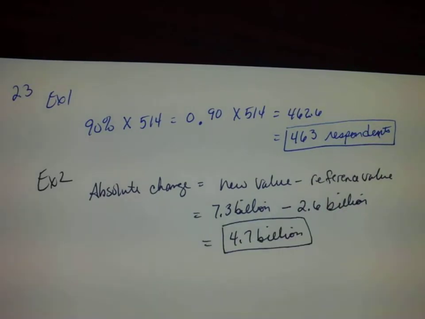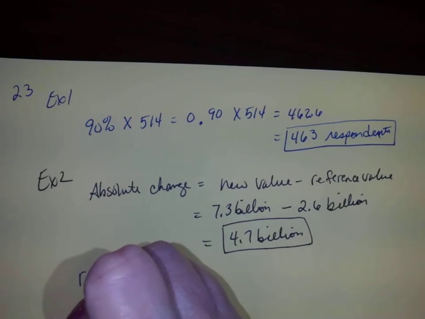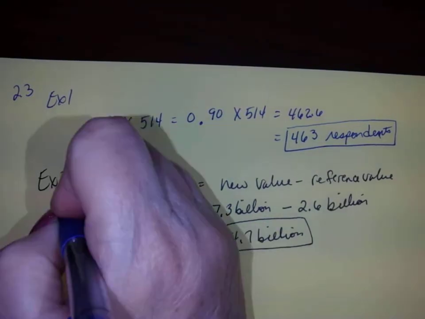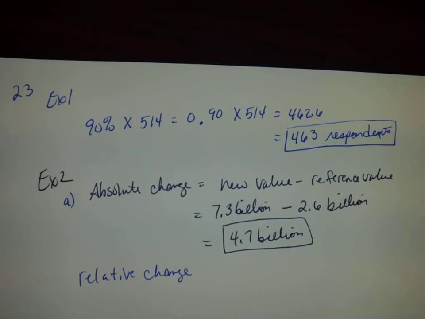Okay? So over the course of those 65 years, from 1950 to 2015, the estimated world population went up 4.7 billion. All right, now we want to find the relative change. This is part A on the handout.